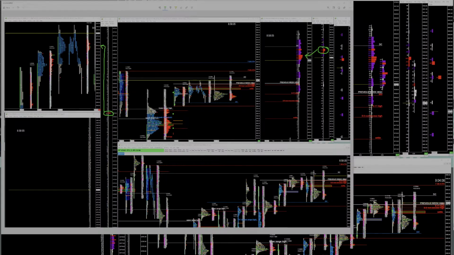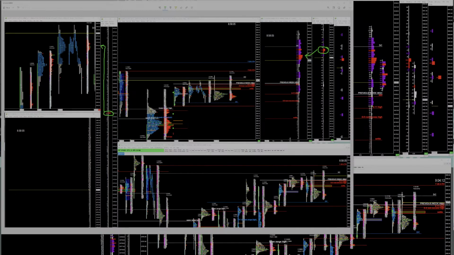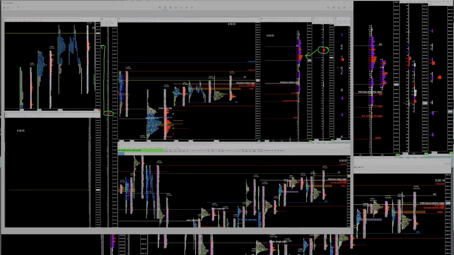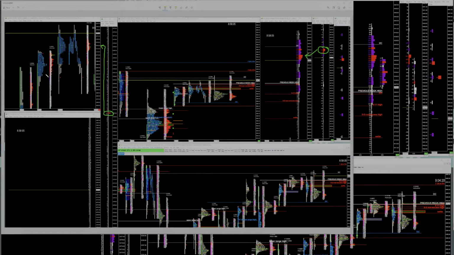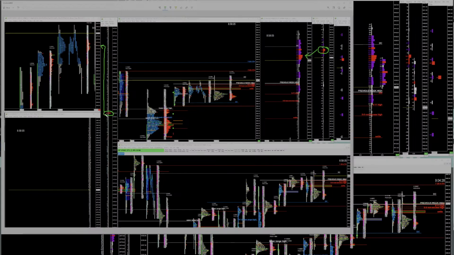We had CPI just moments ago, and we can see a reaction. What I have here on the screen is something interesting.